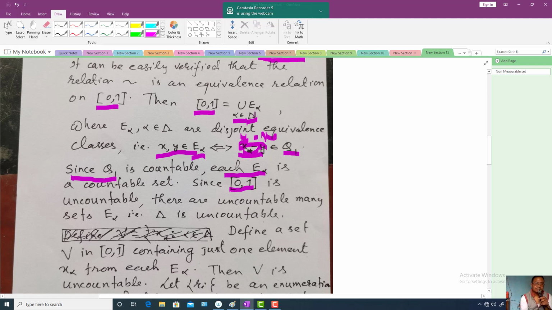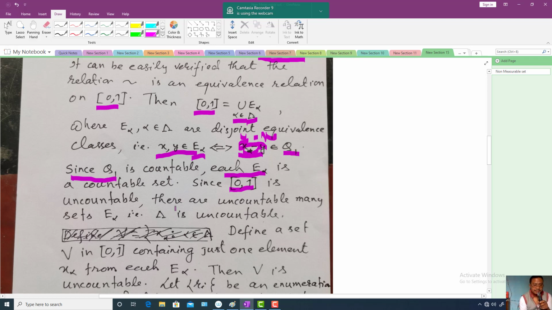So there are uncountably many E alphas. Each E alpha is countable, but the number of such sets is so large that they are not countable. The set E alpha is countable, but E alpha, E beta, so many such sets are there, they are not countable.